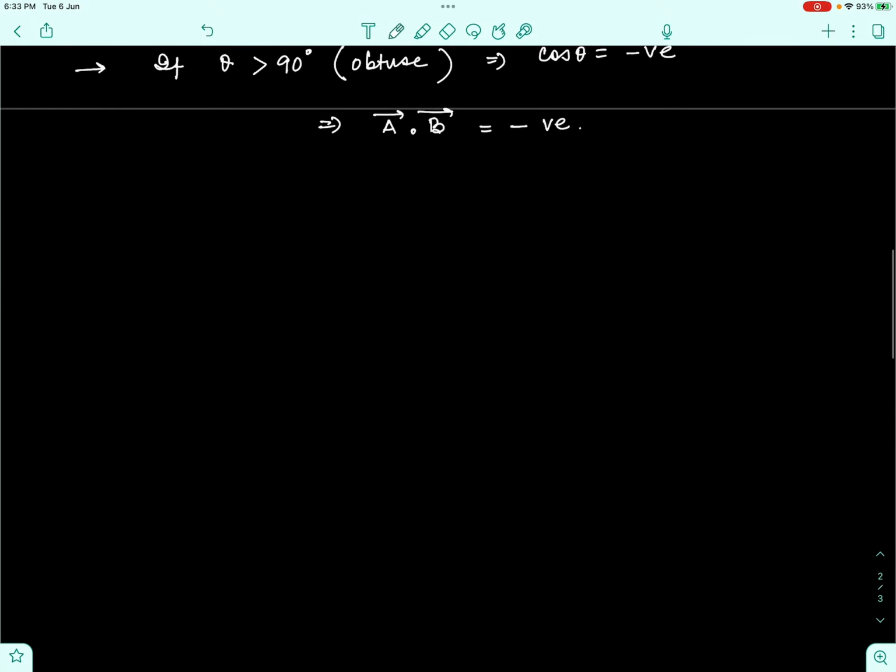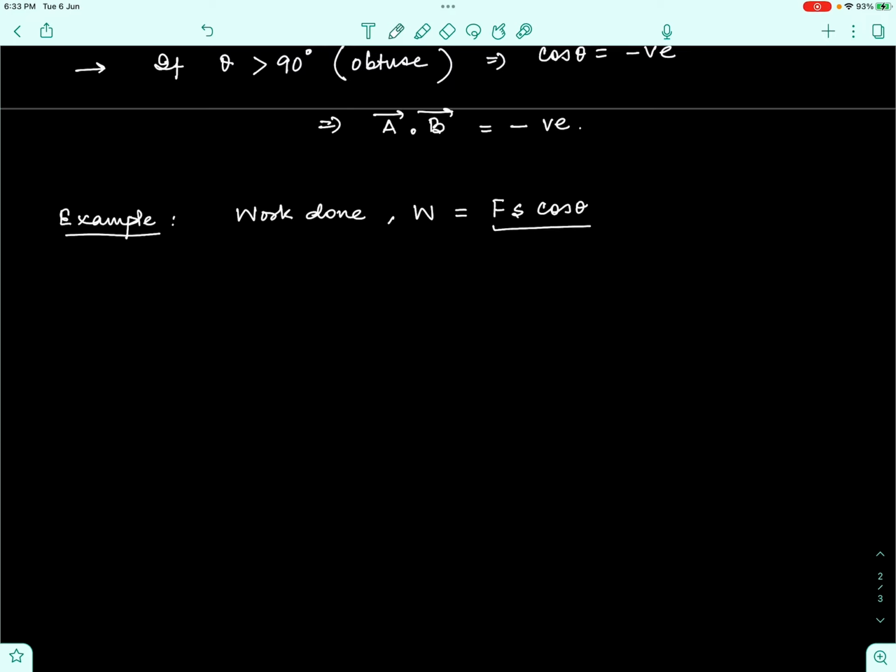We can talk about some examples of dot product. One of the most important examples of dot product is work done. Work done by a force, W, is defined as F s cos theta, as some of you might have studied already.